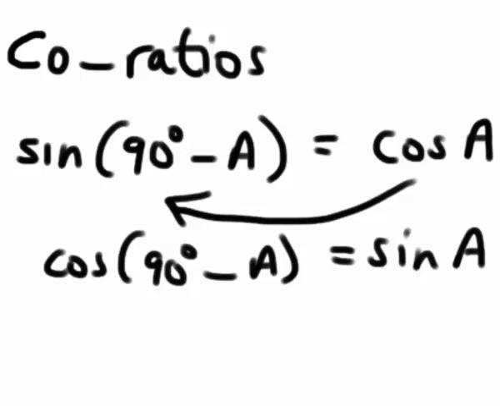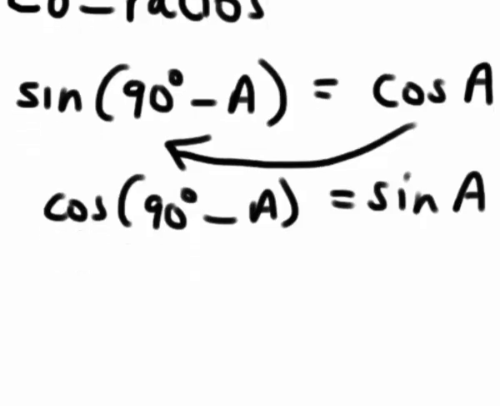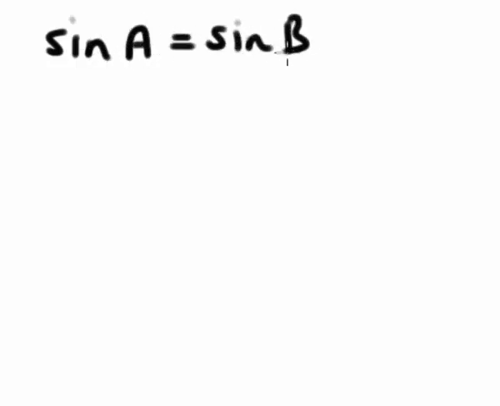Okay, so let's see what happens now if you have some other equations that come up as well. For example, if you look at the equation sine A equals sine B, because it's sine, we can drop the sine, so to speak, but there's two options.